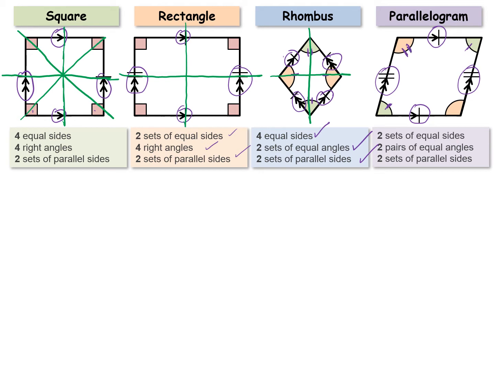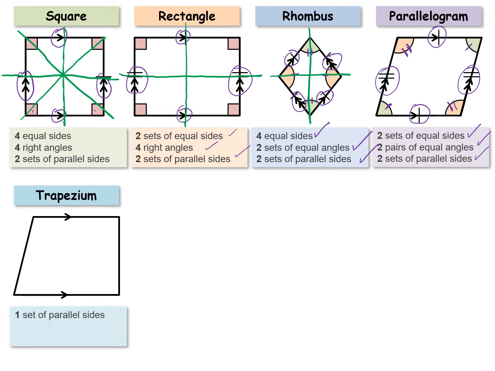This angle here is equal to this angle. Opposite angles are equal to each other, just like the rhombus. And that's going to be important to us later on in this video tutorial. So we have 2 sets of equal sides, 2 pairs of equal angles, and 2 sets of parallel sides. There's no lines of symmetry on the parallelogram.